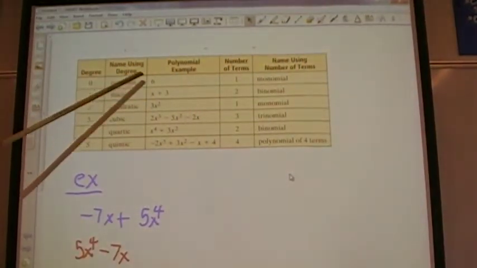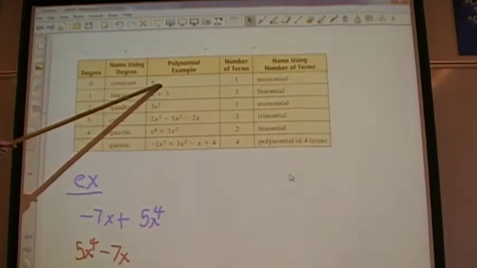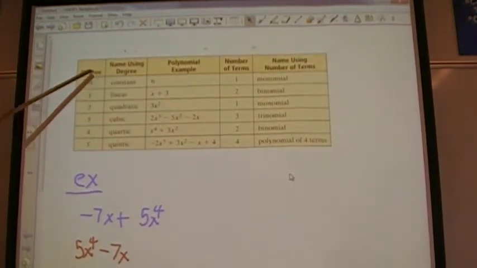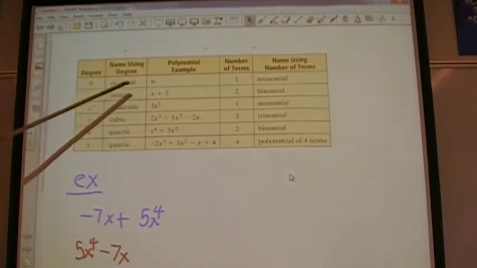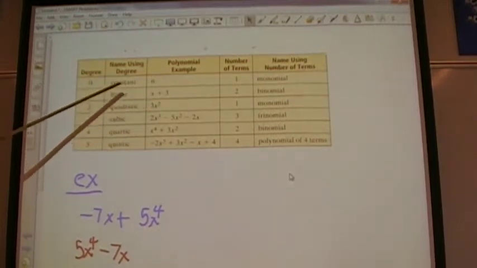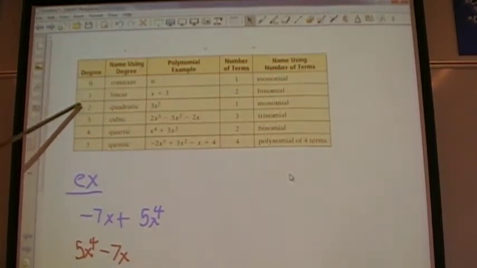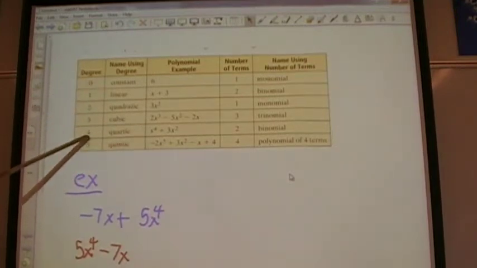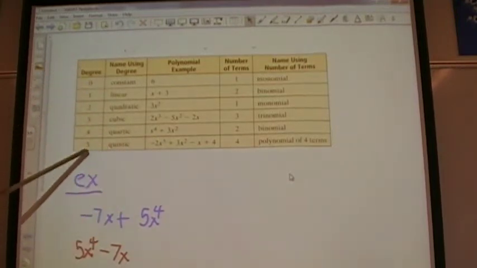If you have a degree of 0, which we have here, because there's no variable, then it would be a constant. Degree of 1 would be linear, degree of 2 quadratic, degree of 3 cubic, degree of 4 quartic, degree of 5 quintic. Anything over that, if you went up to 6, you would just say 6th degree polynomial, or 6th degree trinomial.